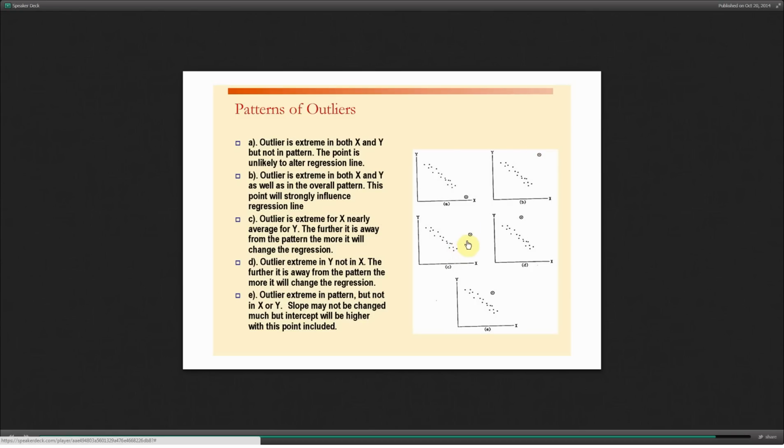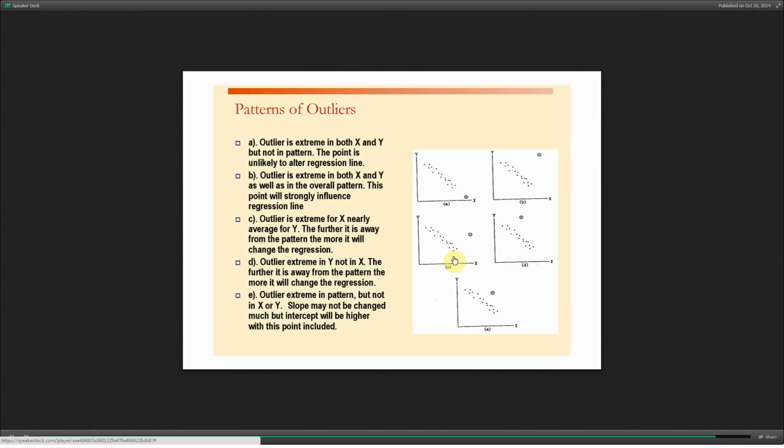This is extreme for x and pretty much typical for the y value. In other words, you see the average y is right here and the average x is here, and you can see it's pretty much right there in the middle. So it's definitely within the range of the dependent variable, but it's outside the range of the independent variable.